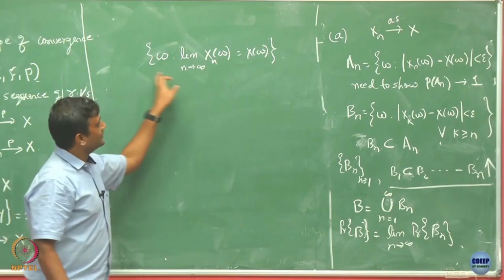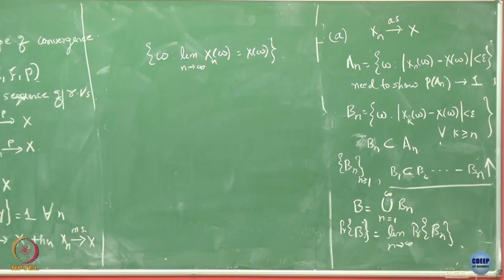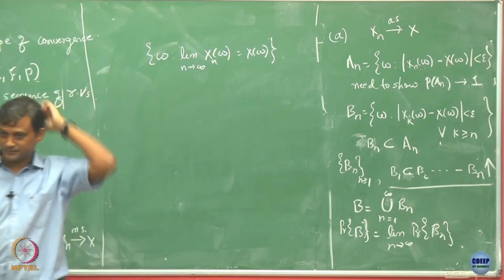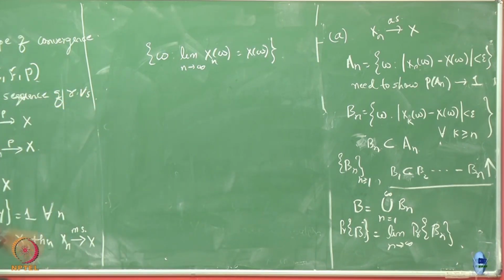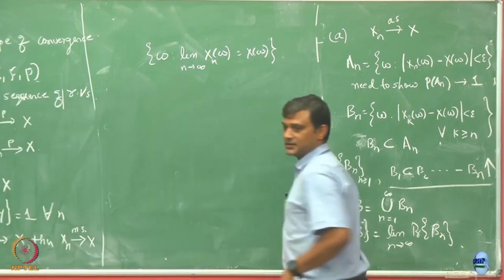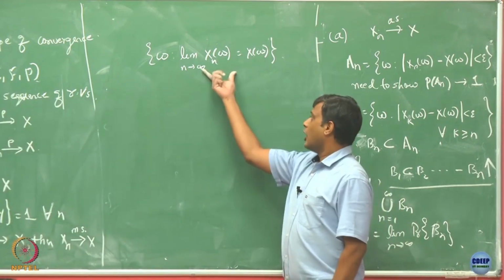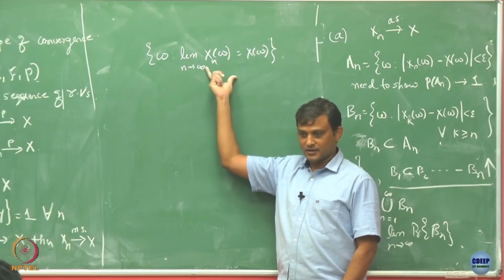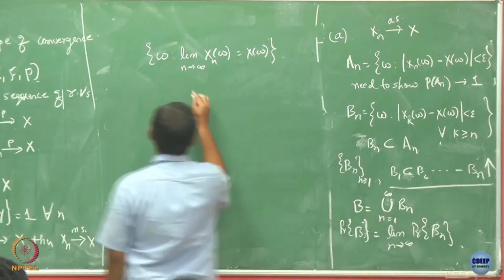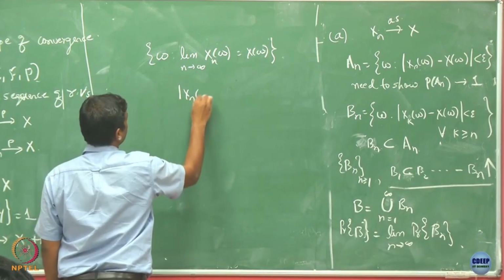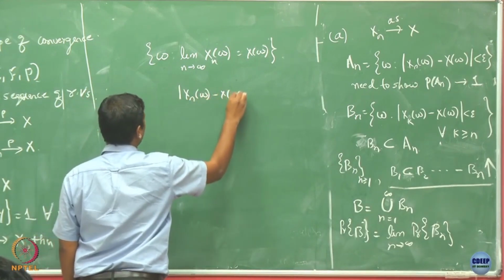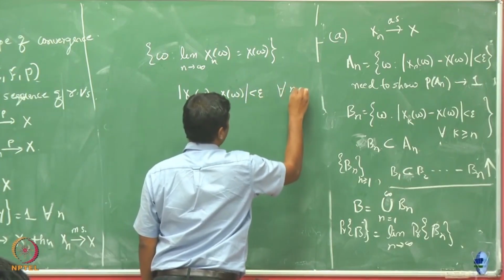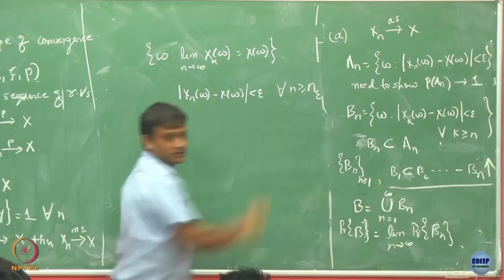Okay, so let's say I have a set of this omega which satisfies this condition. Let's take up a particular omega in this case. Now according to the limit definition here, we know that |xn(omega) - x(omega)| is going to be greater than epsilon for all n greater than or equal to n epsilon.